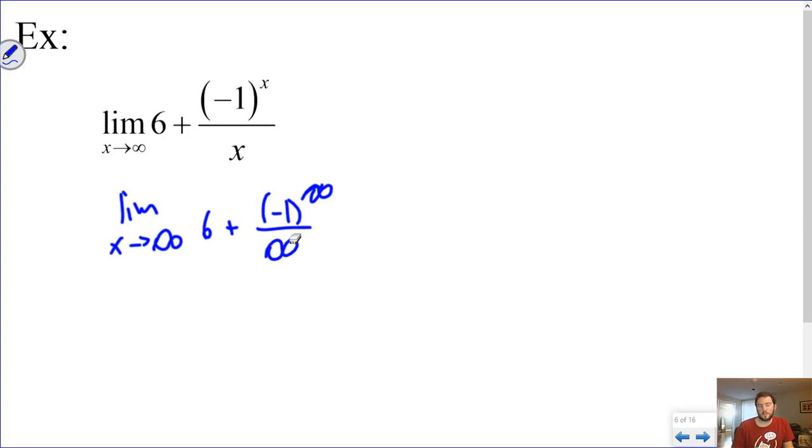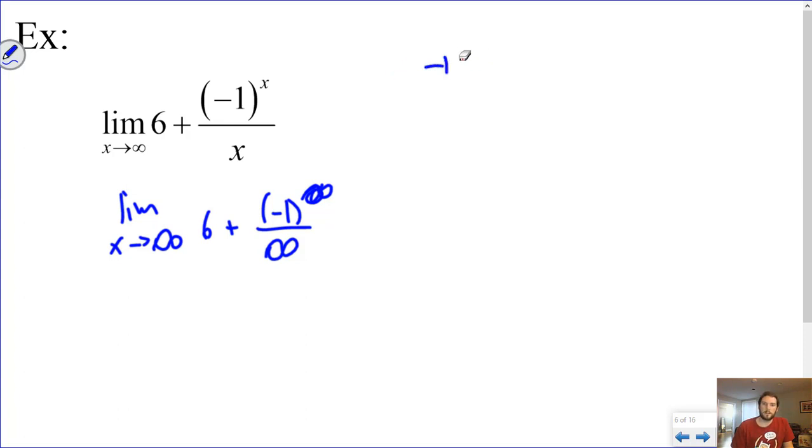I'm just going to do direct substitution. The reason I'm doing direct substitution is this, whatever this is. So this -1 to the power infinity is kind of interesting because infinity, again, is a concept. It's not a number. It's not even. It's not odd.